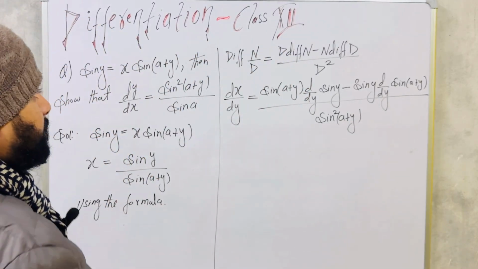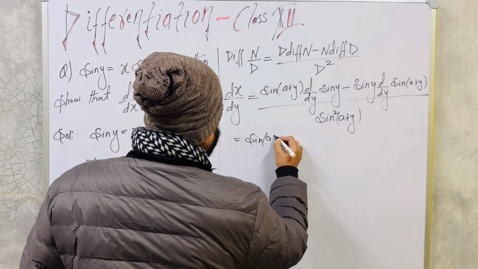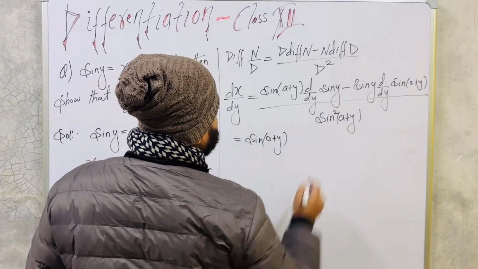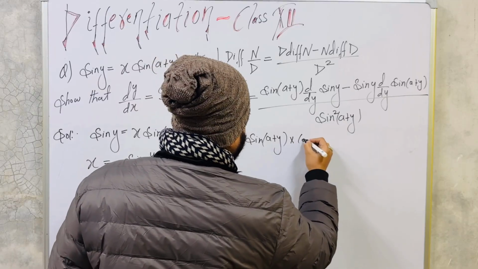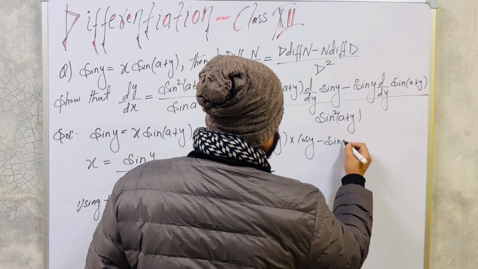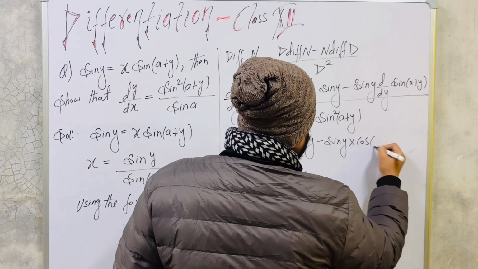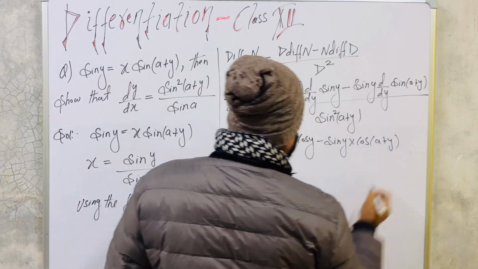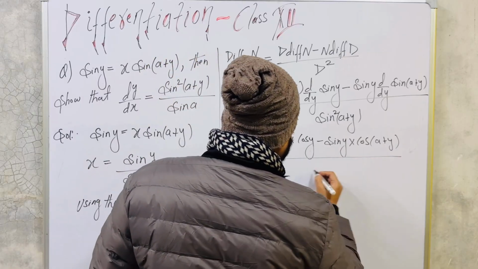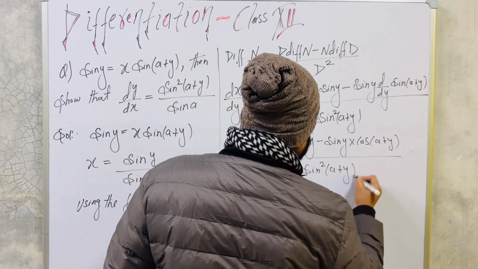Okay, we are solving the first step. Sin of a plus y times the differentiation of sin y, that is cos y, minus sin y as it is times the differentiation of sin of a plus y, that is cos of a plus y, upon sin square of a plus y.